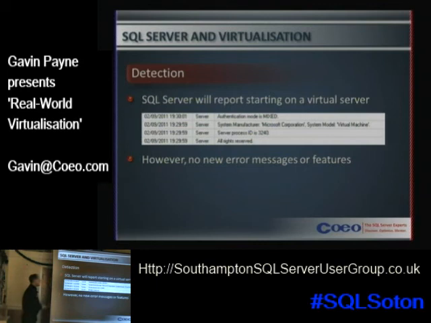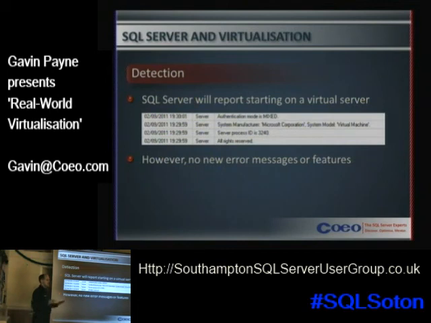So SQL Server, when you start it up, will detect and report that it's running on a virtual server. There is a DMV, sys.dm_os_sysinfo, that has some columns that tell you about the server type it's running on. There's a tiny bit more information about that in SQL Server 2012.